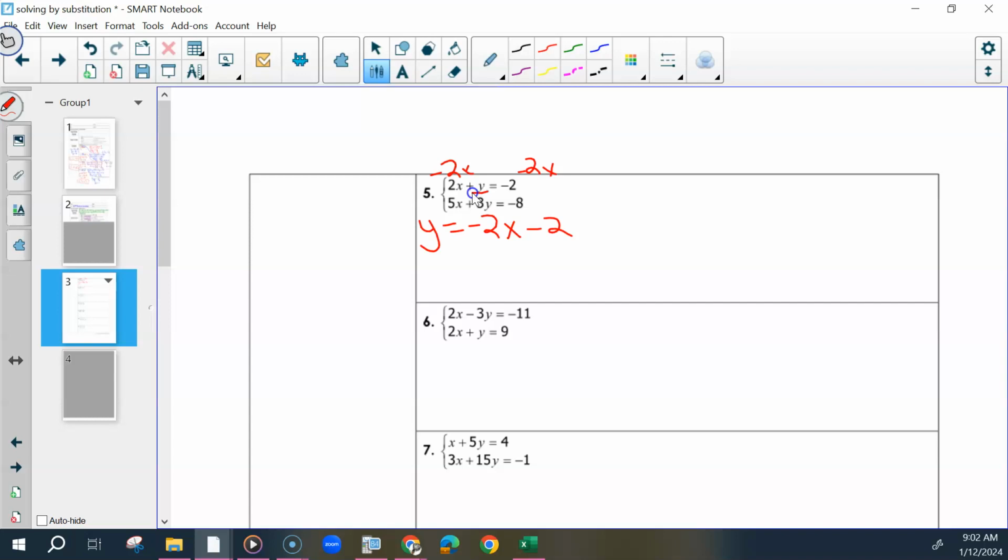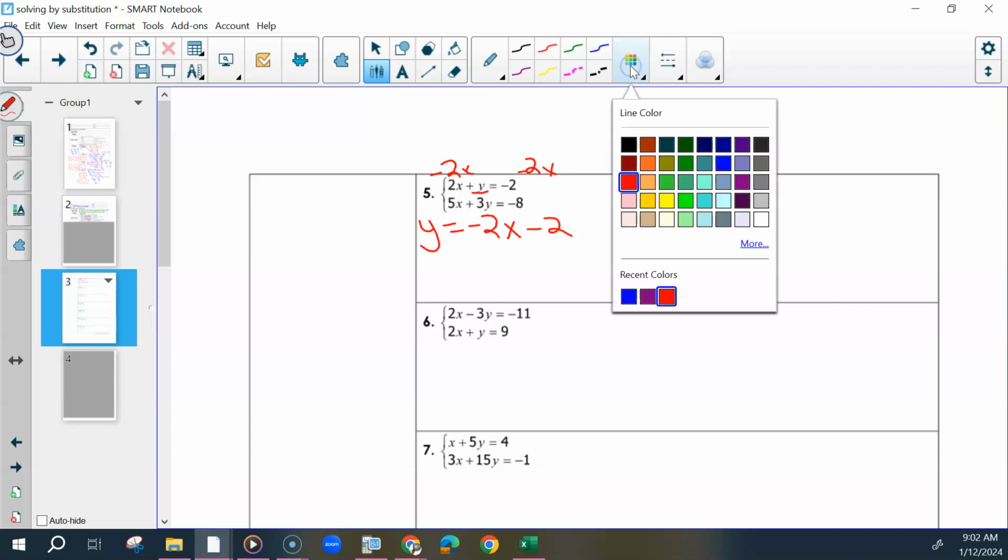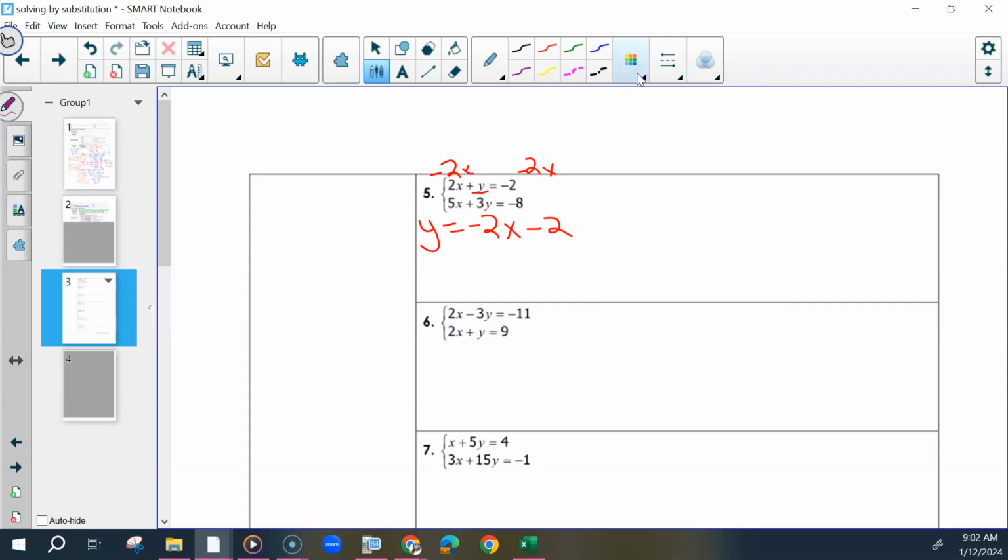Substitute it into the other one, solve for that variable, substitute that into the other equation, and then solve. So let's take this expression, put it into the second equation where y is, not the one we just solved. So that would look like 5x plus 3 times negative 2x minus 2 equals negative.